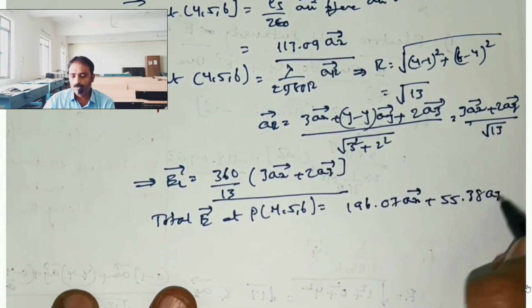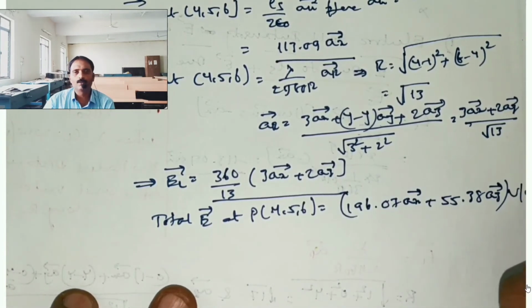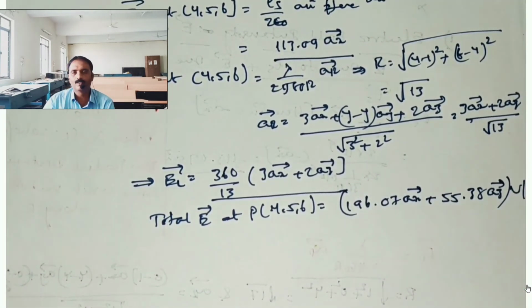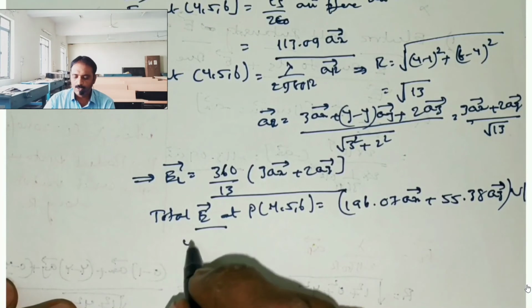And after evaluating this electric field intensity, we have to find out the unit vector along this particular electric field intensity in order to evaluate the direction. So let us find out the unit vector.